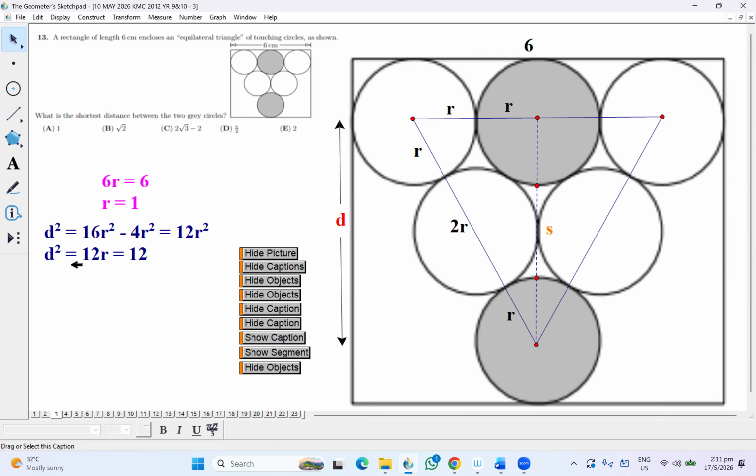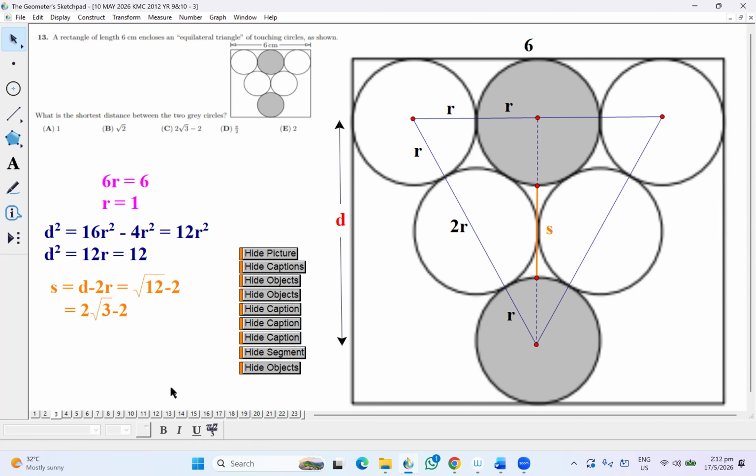D square is 12r square, r equals 1, so D square is 12. Then d is d minus 2r. So square root 12 is 2 root 3, 2 root 3 minus 2. This is the answer.